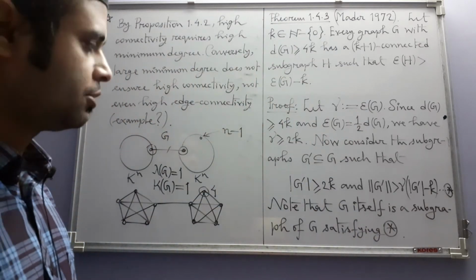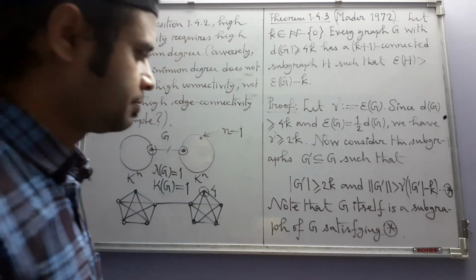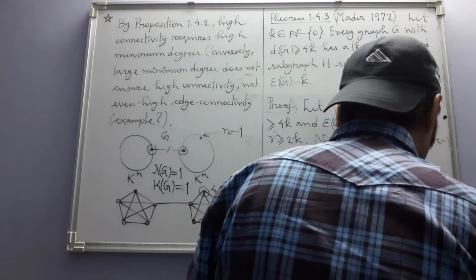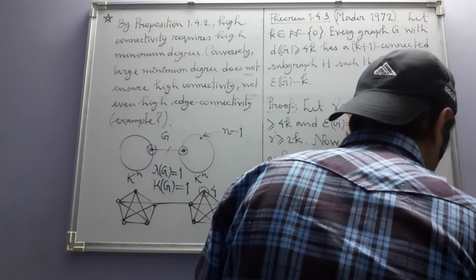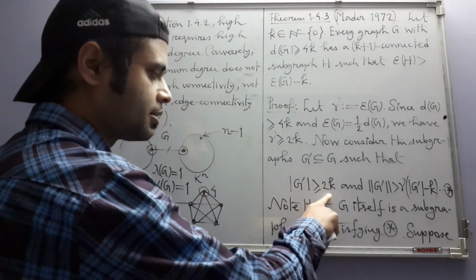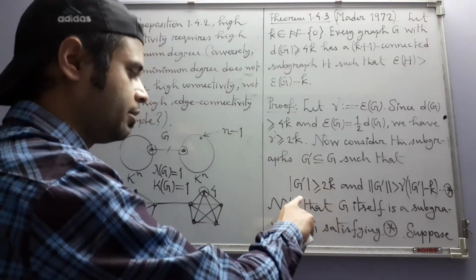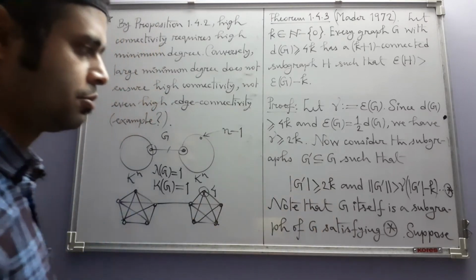But how do we show that we can put G in place of these things? Suppose G does not satisfy this condition, that is, the order of G is less than 2k.